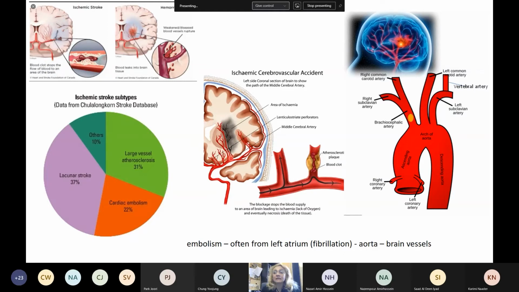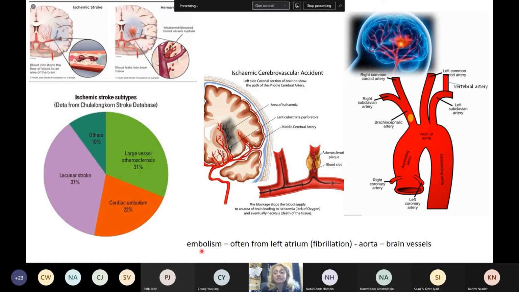And here the hemodynamic situation is really unfavorable, because we have a big vessel, the middle cerebral artery, giving off small blood vessels. So there is a very sudden change of diameter, and they are going perpendicular. So even the course is very unfavorable. These are favorite places for emboli to get stuck.